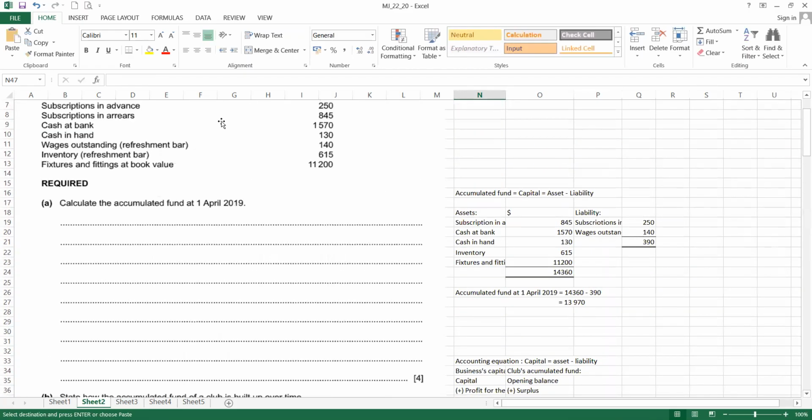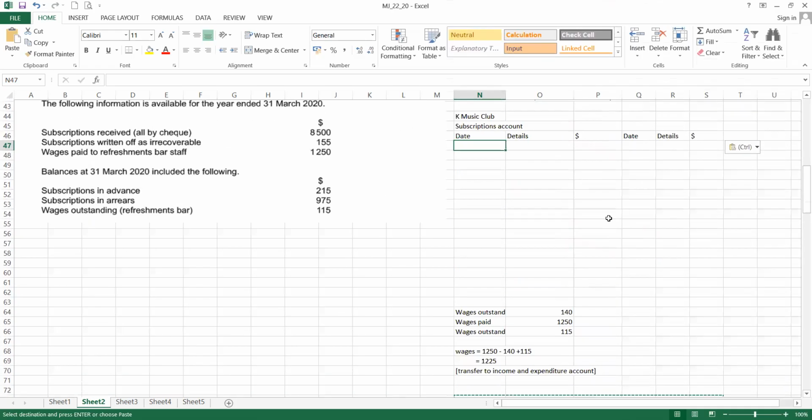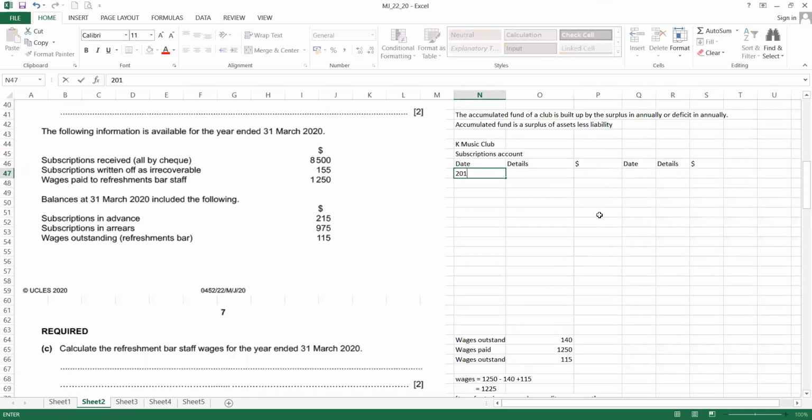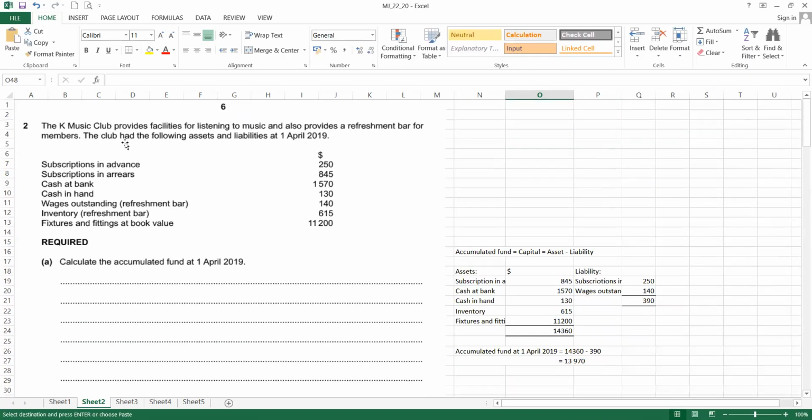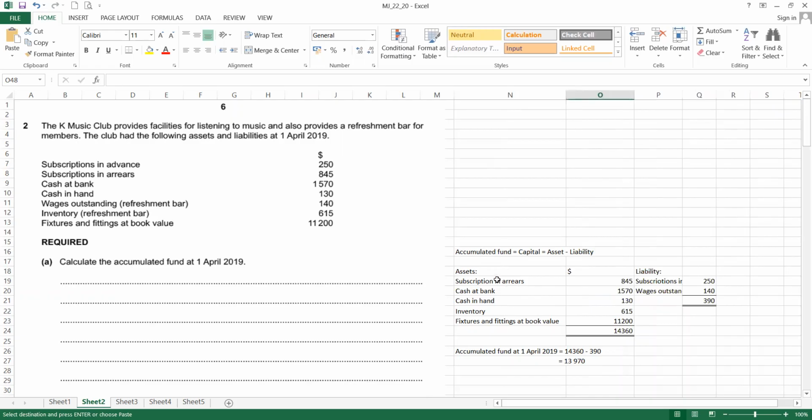Okay, let's see what is the beginning of the year, 2019 April 1st. Beginning of the year asset, subscription in arrears. This is the beginning year balance brought down.